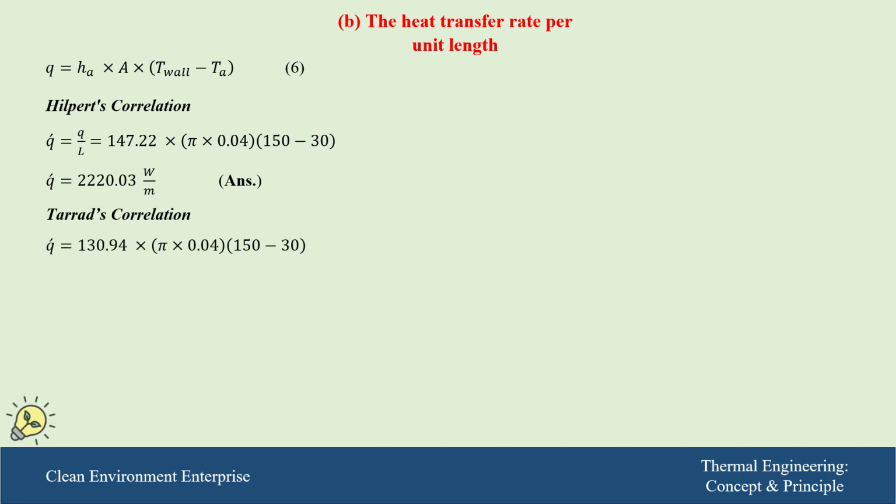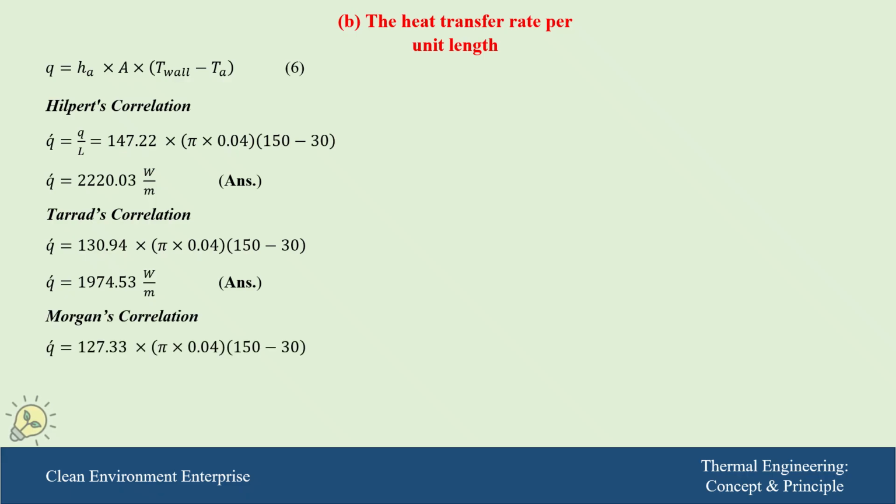Similarly, by Tarad's correlation, we may get Q dash equal to 1974.53 watt per meter. And finally, by Morgan correlation, the heat transfer rate per unit length equal to 1920.1 watt per meter.